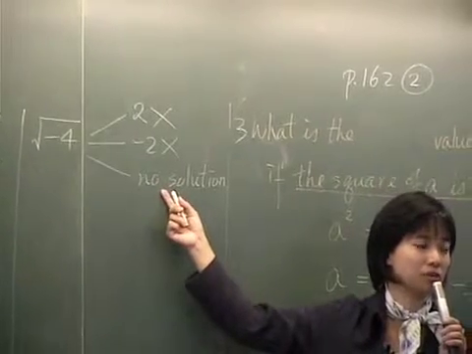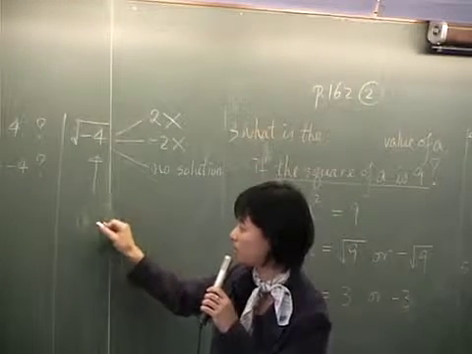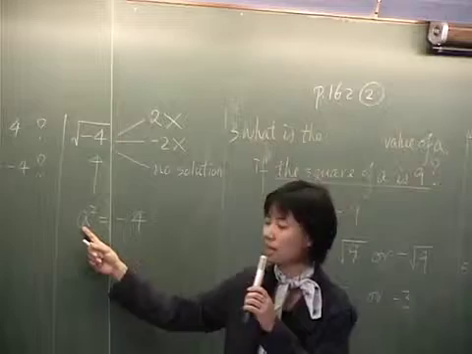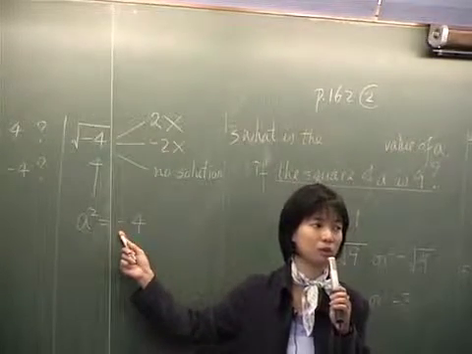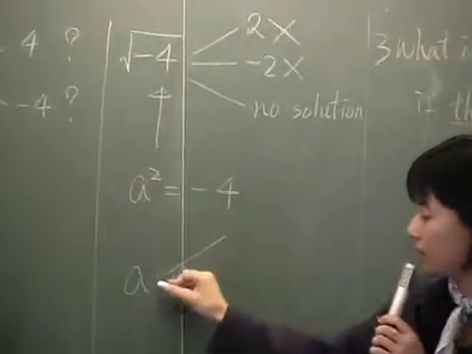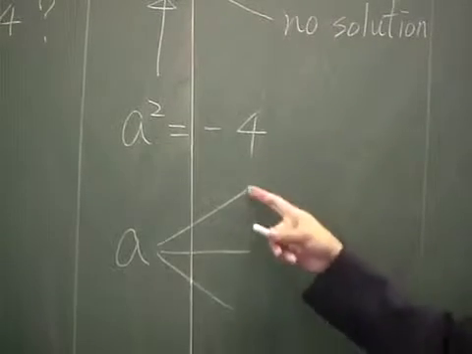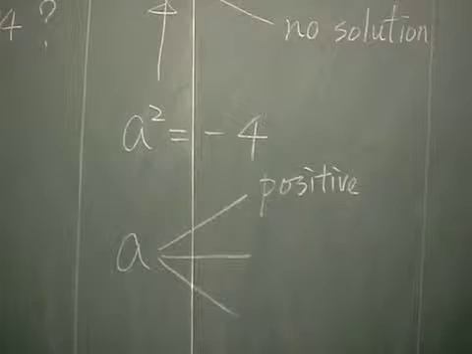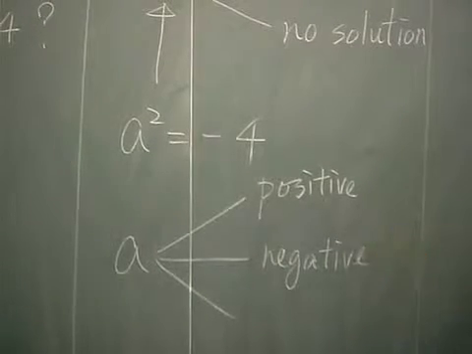no solution. Why? Because if a squared equals negative 4, which number times itself is equal to a negative number? None, because any number can be grouped into 3 cases.